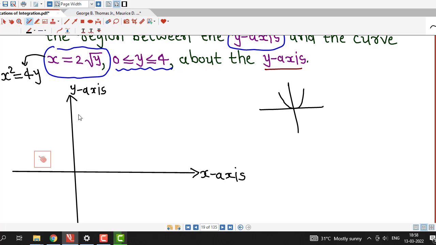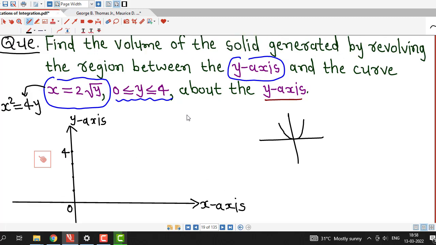So we have to consider the appropriate scale. Suppose this much scale is 1, so we have 2 here, this is approximately 3 and 4, so 0, and here we have 4. We have to consider the region between the y-axis and the curve x equal to 2 square root of y, and y lies between 0 and 4.